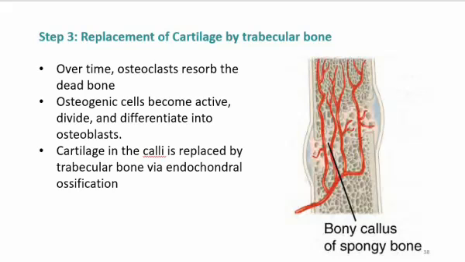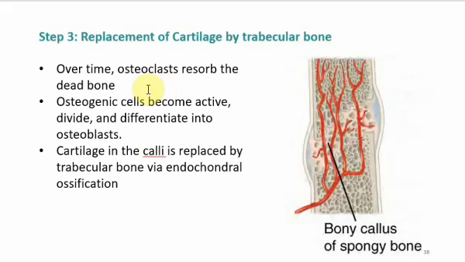The third step in the bone healing process will be the replacement of cartilage by trabecular bone. As time moves, osteoclasts will resorb the dead bone. Remember, after fracturing, you have bones which are broken off from the initial bone. They don't get enough supply of nutrients and oxygen. So basically, those bones will die, or the bone cells will die. Those dead bone tissues are resorbed by osteoclasts.